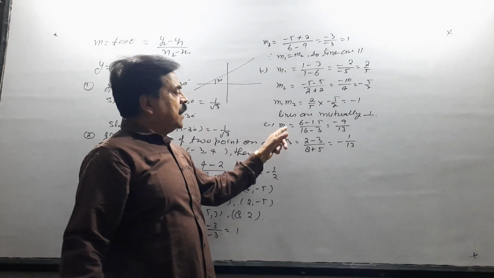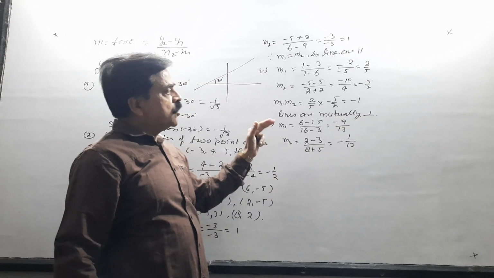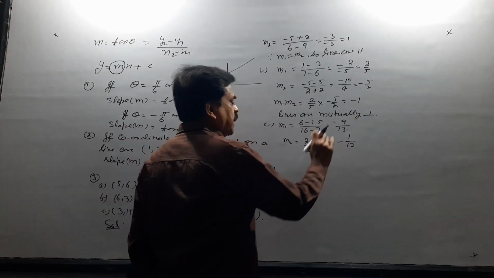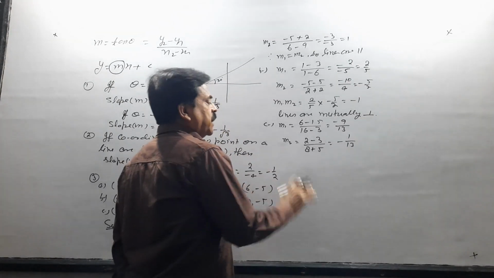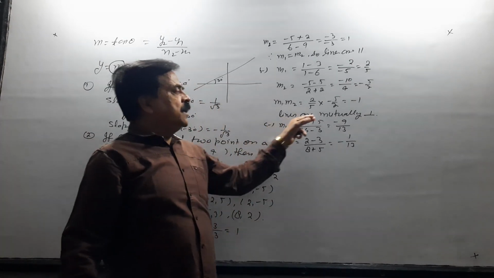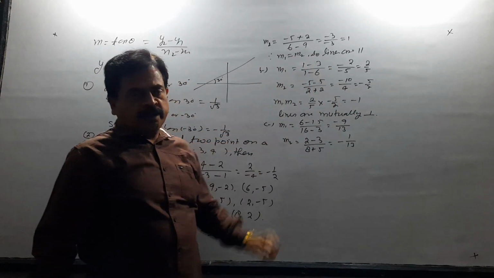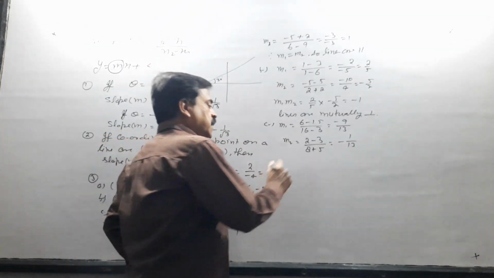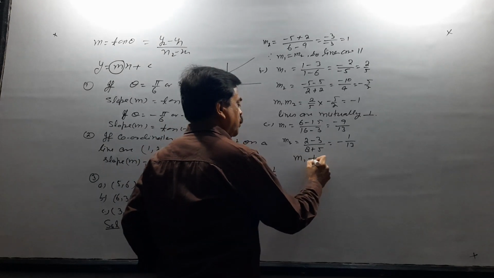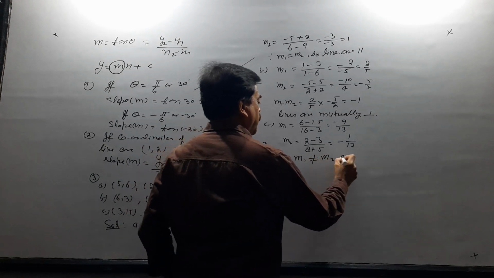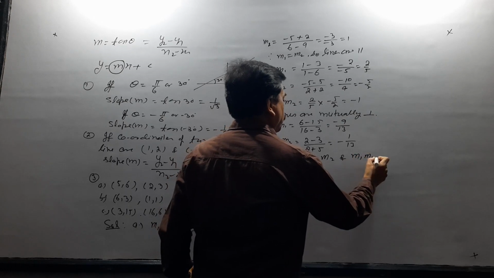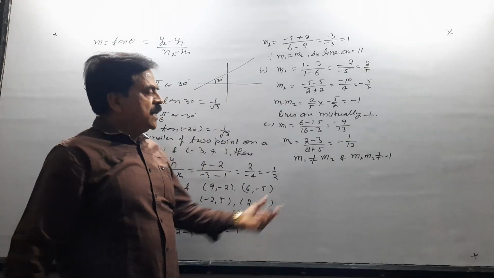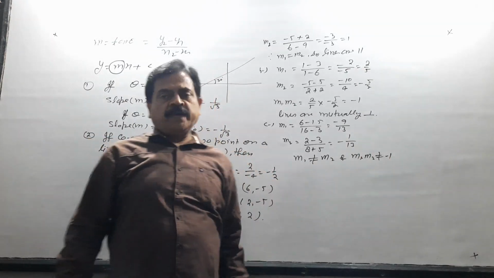Here slopes are neither equal nor is their product minus 1. So these are intersecting lines, neither making a right angle nor 0 degree angle. So they are neither parallel nor perpendicular, because m1 is not equal to m2 and m1 into m2 is not equal to minus 1.